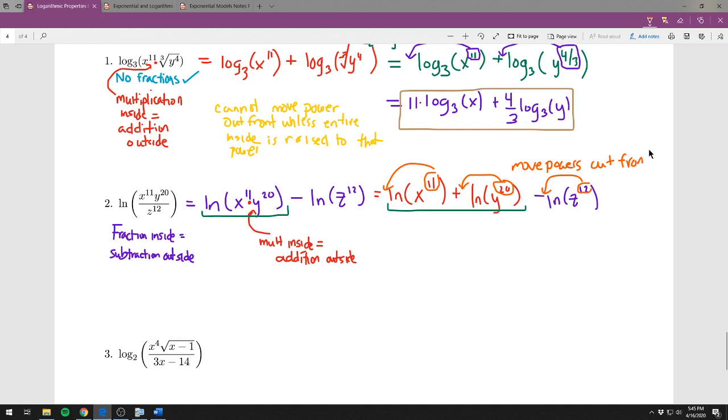But you have to wait until this step, until the entire inside is raised to that single power. So we get 11 times the natural log of x plus 20 times the natural log of y minus 12 times the natural log of z.